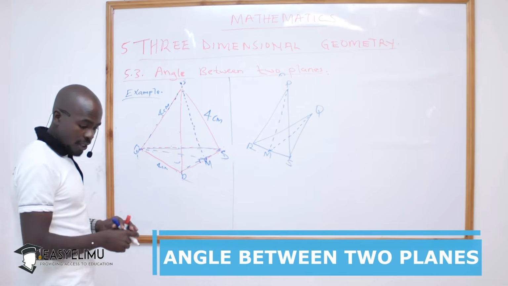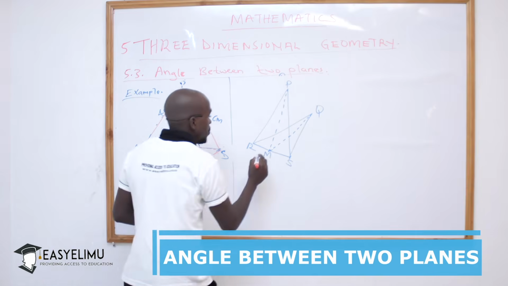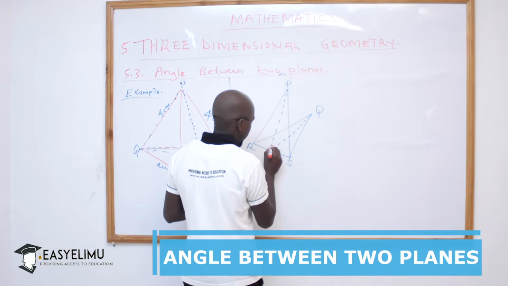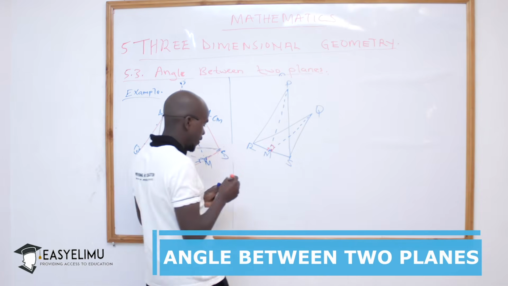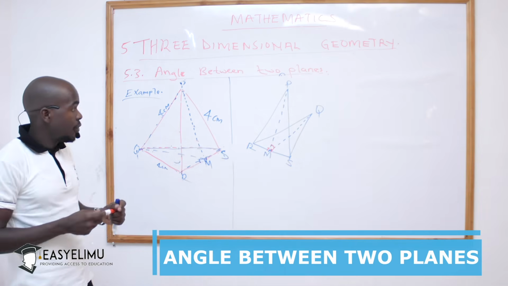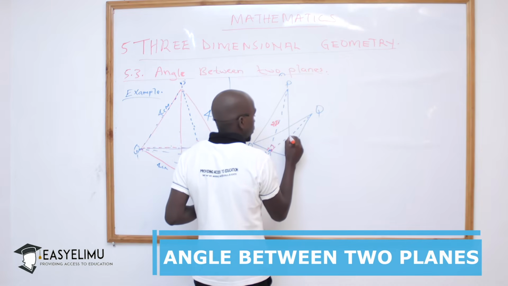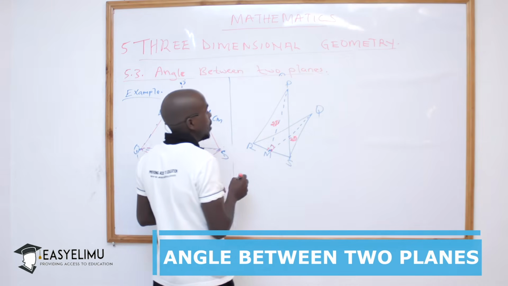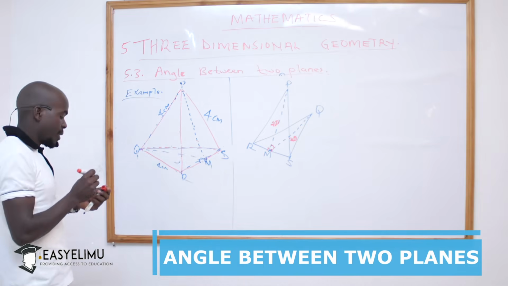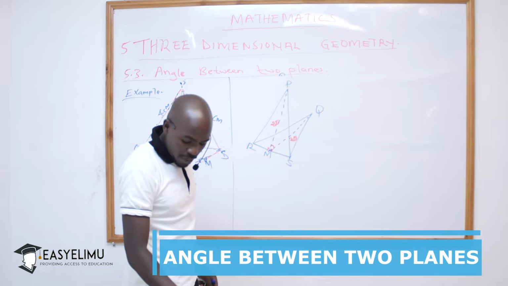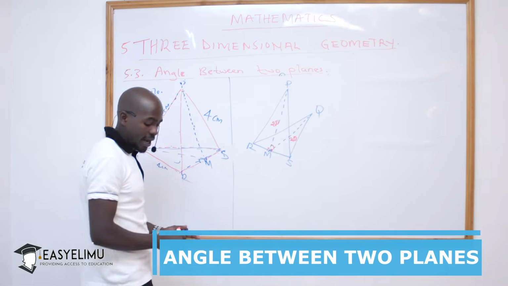That's the plane we want. So we need the angle between the two lines. This one makes 90 degrees here, and that one makes 90 with the other. And we have found that this is 2 root 3, this is 2 root 3. But there is something we are missing somewhere. So we have been told to calculate the angle between the planes PSR and QRS.